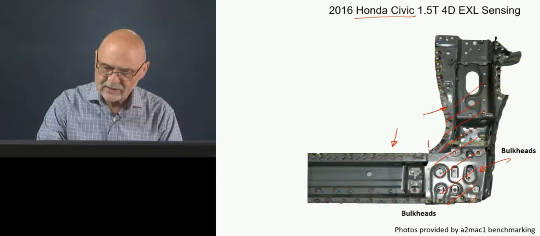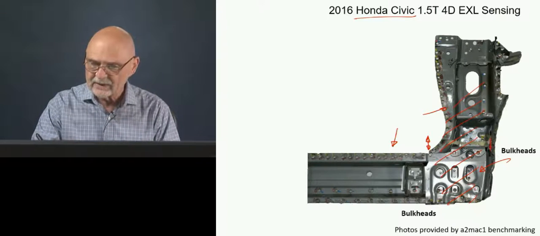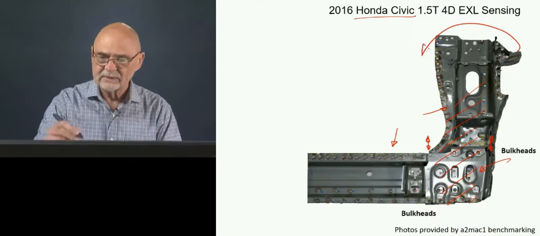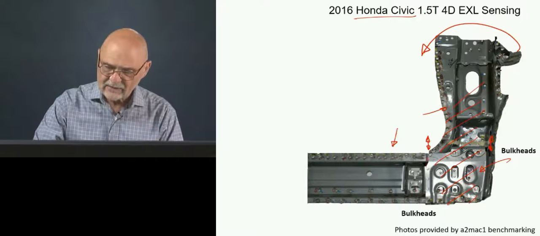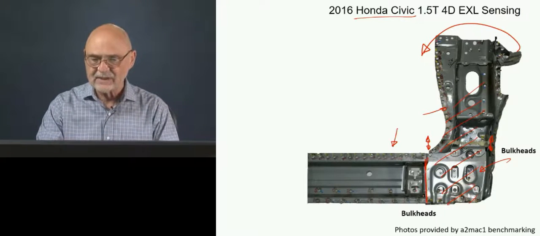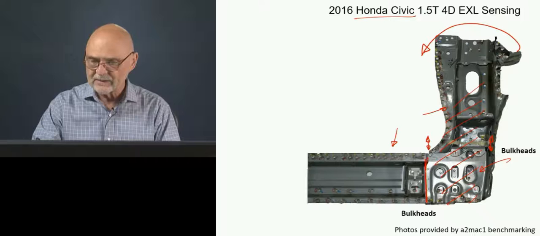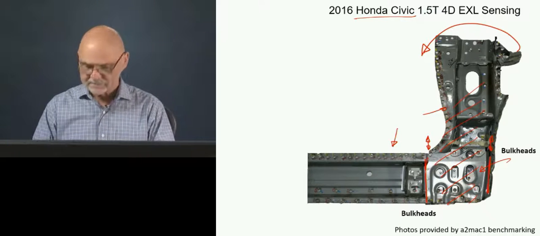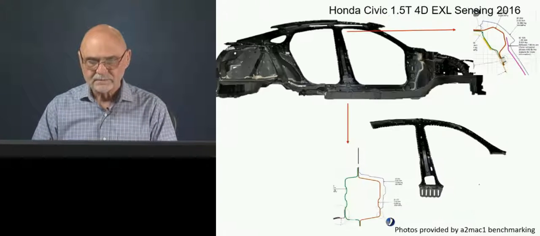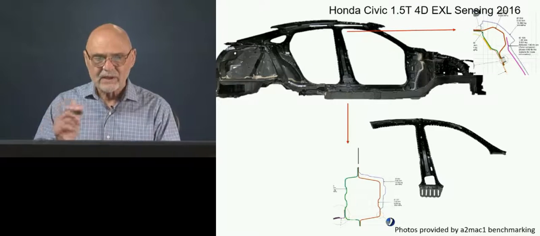And again, imagine loads here and here when we apply a moment up here. So now they have a nice load path at the back side of the bulkhead, and at the front side they've closed it out. Same car.